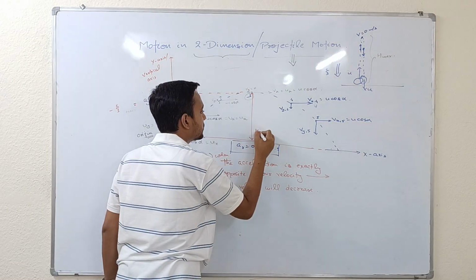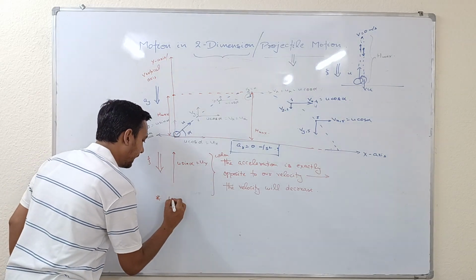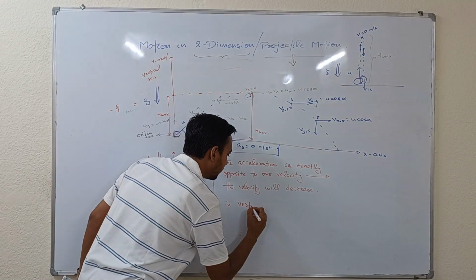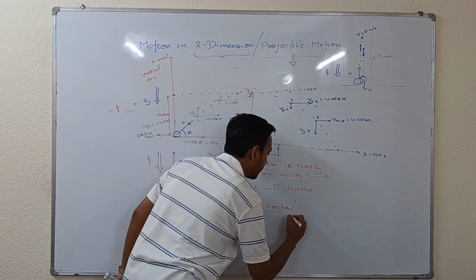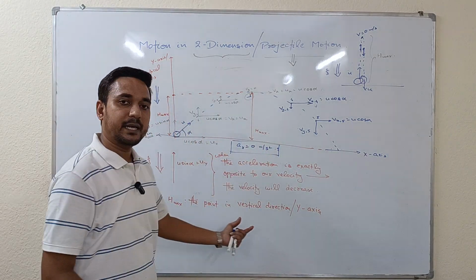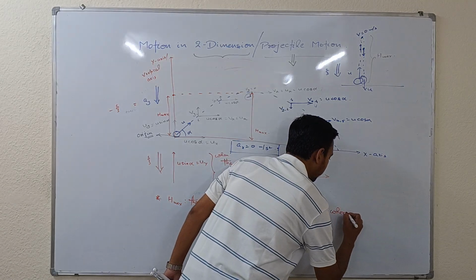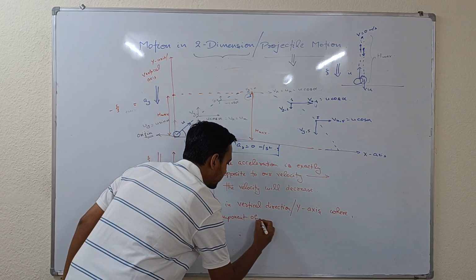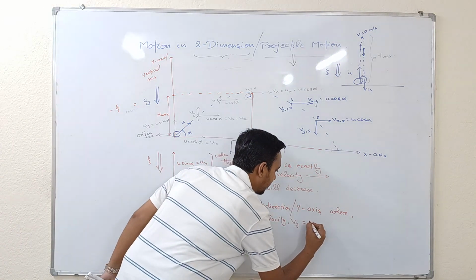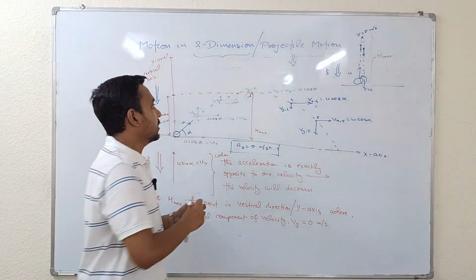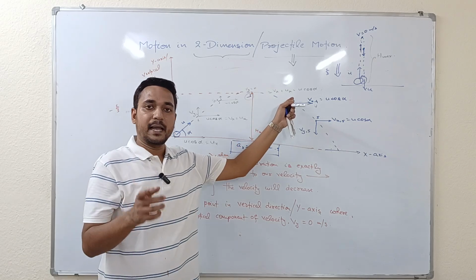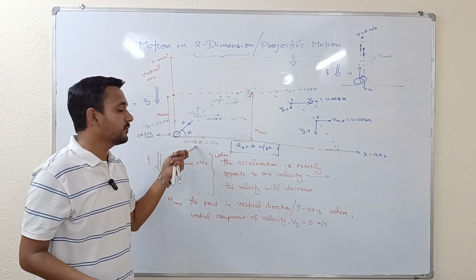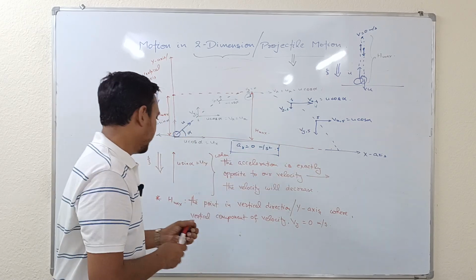So here we can write h max as the point in the vertical direction, or y axis, where the vertical component of velocity, that is Vy, will become equal to 0 meter per second. In that scenario, at h maximum there is only the component of velocity in x axis, equal to the initial component in x axis, that is u cos alpha. So this one is the condition.